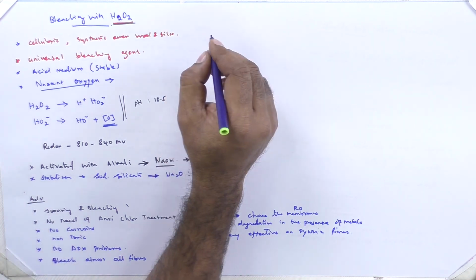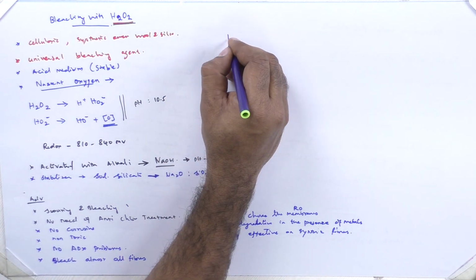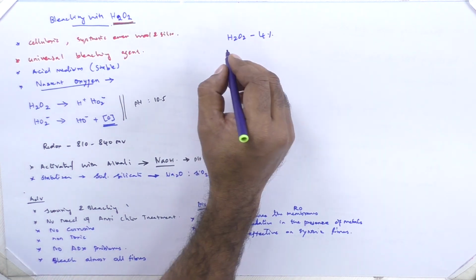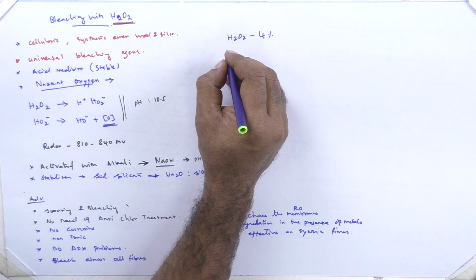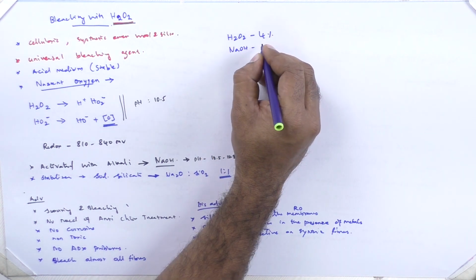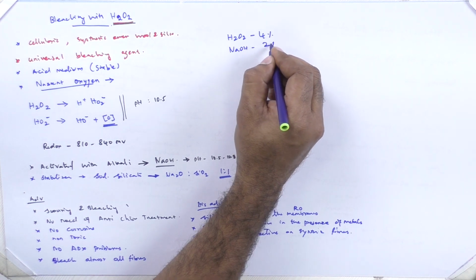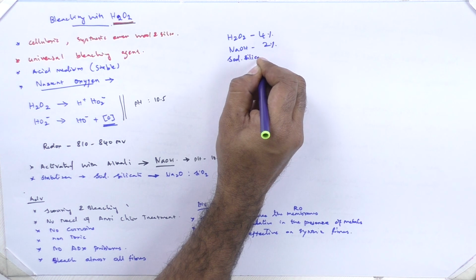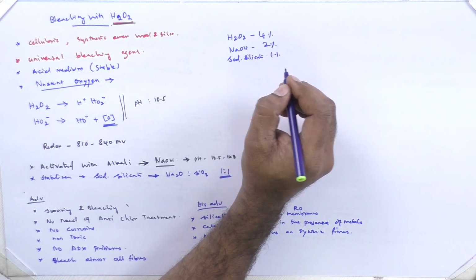The recipe for bleaching with hydrogen peroxide is H2O2 4%. For alkaline medium, we use sodium hydroxide 2%, sodium silicate 1%.